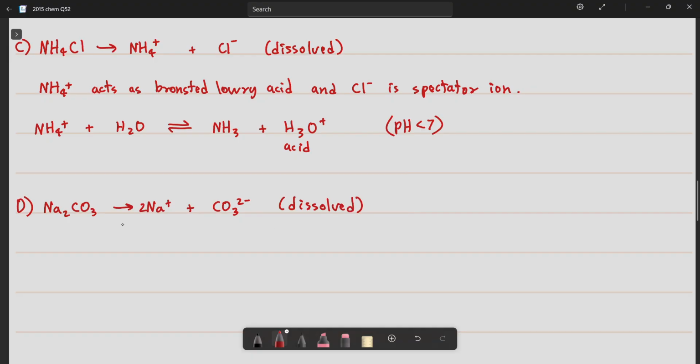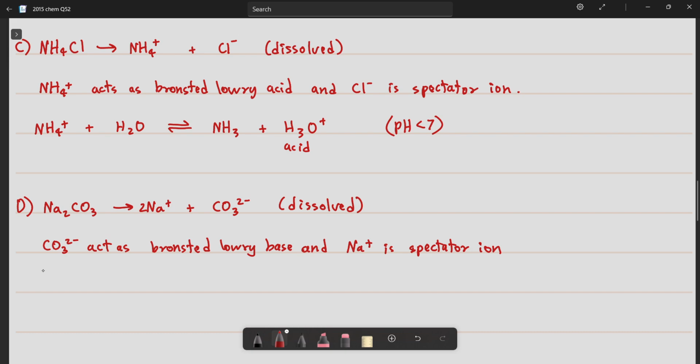We must know that the carbonate over here acts as a Bronsted-Lowry base, as it's going to accept the proton from the acid, and the sodium ion is going to stay a spectator ion.